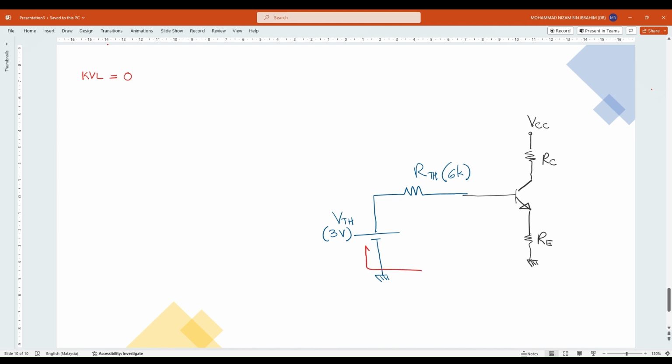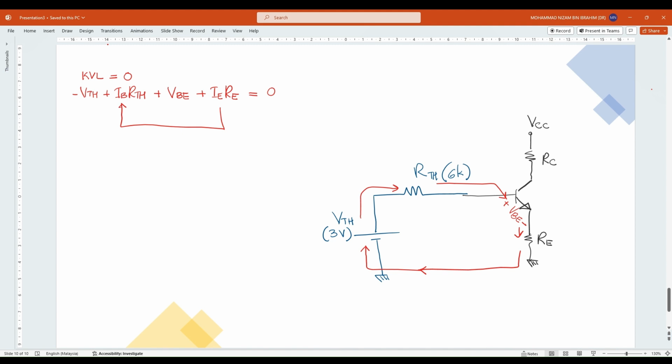Write a Kirchhoff voltage law around the input loop. IE is beta plus 1 multiplied by the base current.